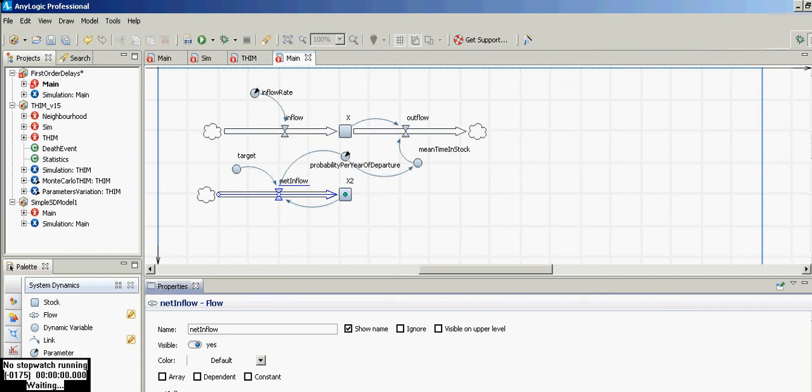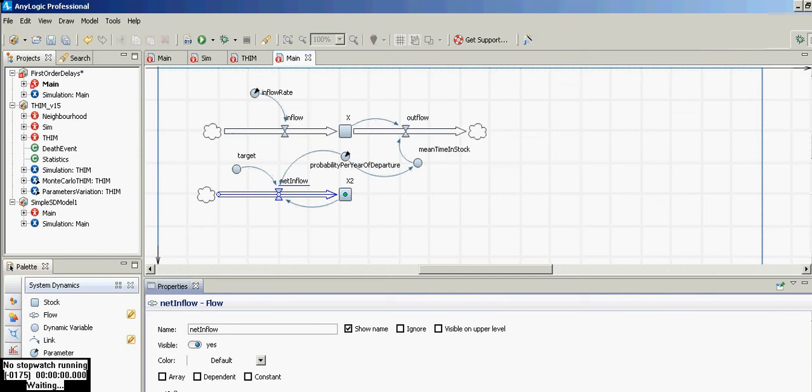So give me a formula. What would it involve? It involves target and x2. It's about the simplest formula you can imagine that would allow this property to be the case. If target is greater than x2, the value will be positive. Good, excellent. Target minus x2.